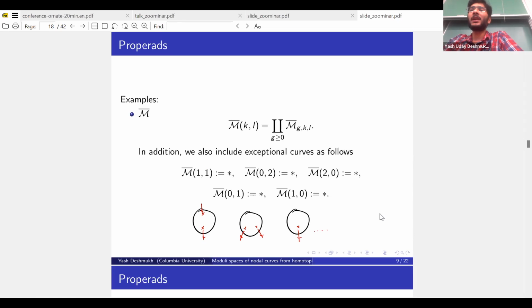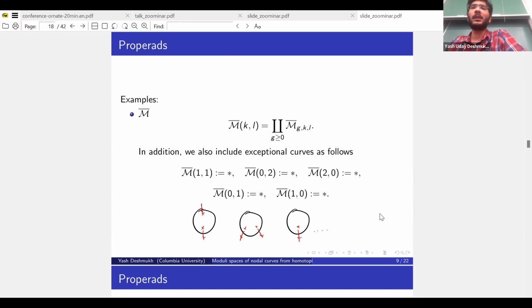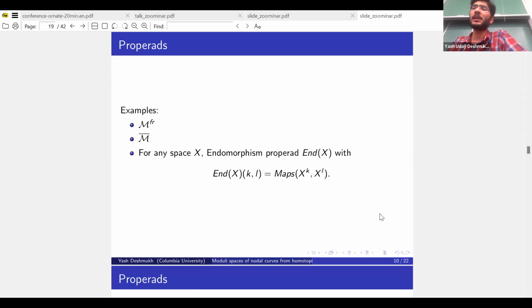In particular, we allow genus 0 curves with 1 input, 1 output; 0 inputs, 2 outputs; 2 inputs, 0 outputs; 0 inputs, 1 output; and 1 input, 0 outputs. That's lots of cases, but roughly all the unstable moduli spaces of genus 0 have been added into my collection, just declaring them to be points. These were the examples that we constructed out of Riemann surfaces.